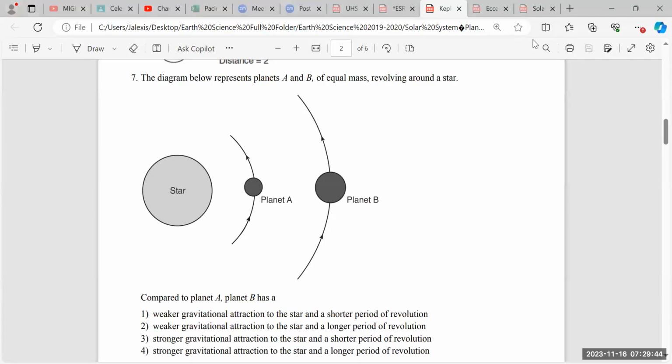All right, number 7. Number 7 says the diagram below represents planets A and B of equal mass revolving around the star. It says compared to planet A, planet B is what? So one thing automatically we have to keep in mind, even though planet A looks smaller than planet B, it tells us right here that they have the same mass.